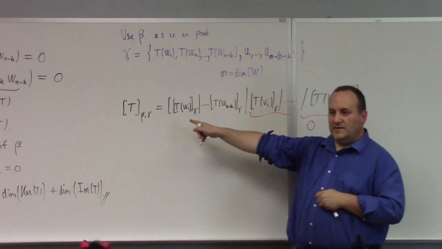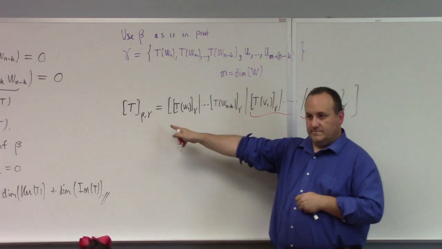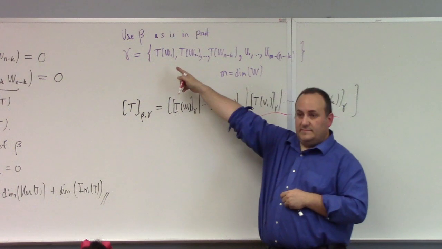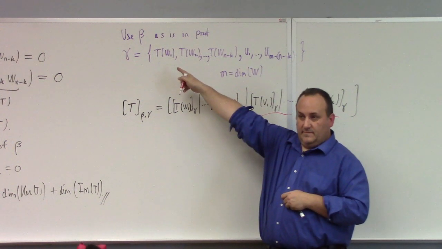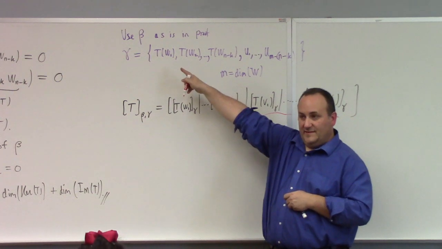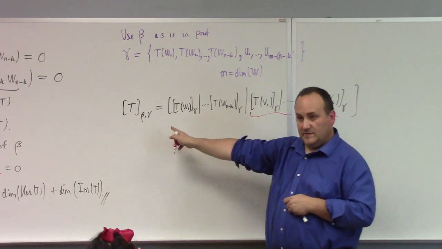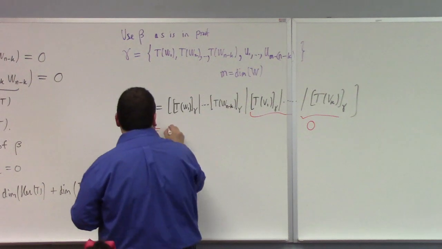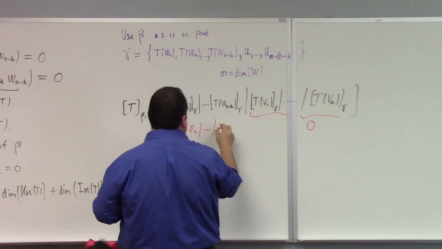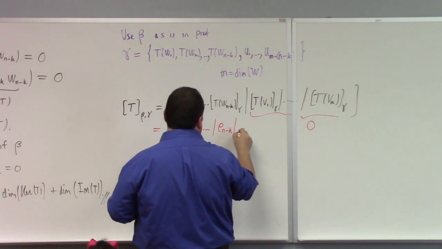This is E1, because the first basis element is that, which means that the coordinate vector of the first basis element is the first standard basis vector. So this is literally E1, E2, dot dot dot, En minus k, and then zeros.